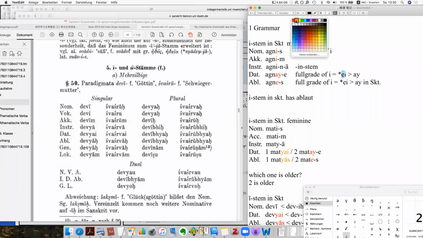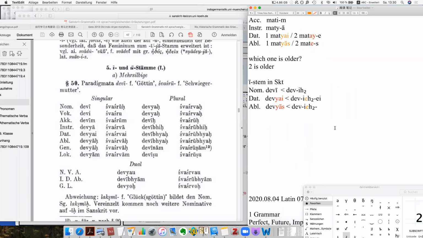So this is the reason why we have different forms. Okay, and then you put an S. So S is a typical genitive ablative. So genitive ablative is the same. So I can write here.